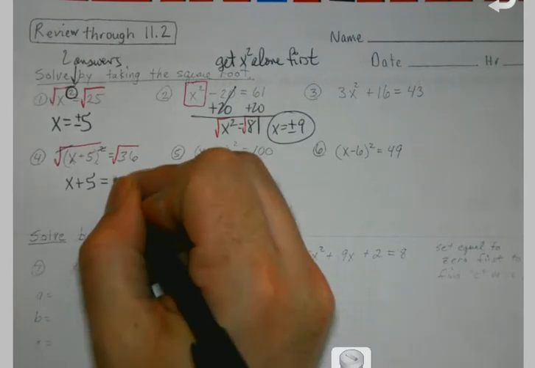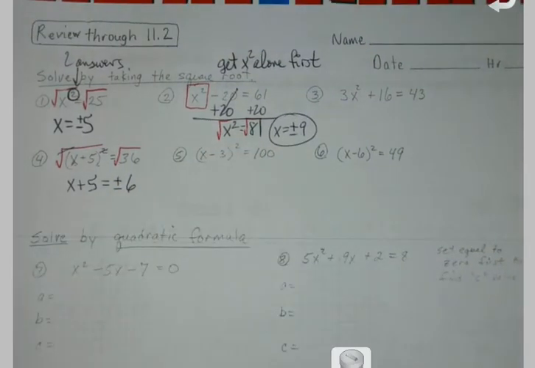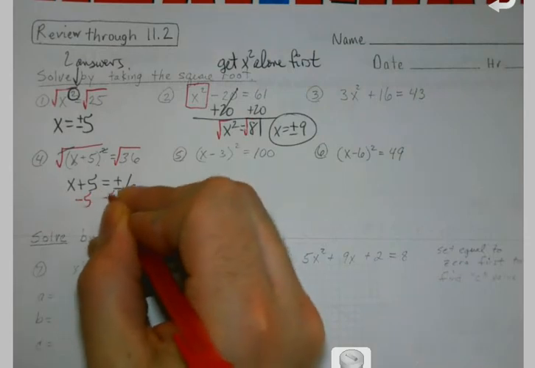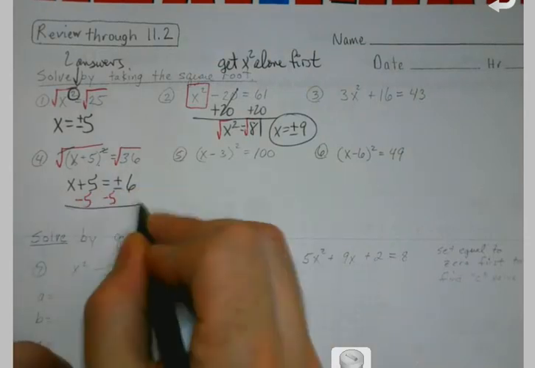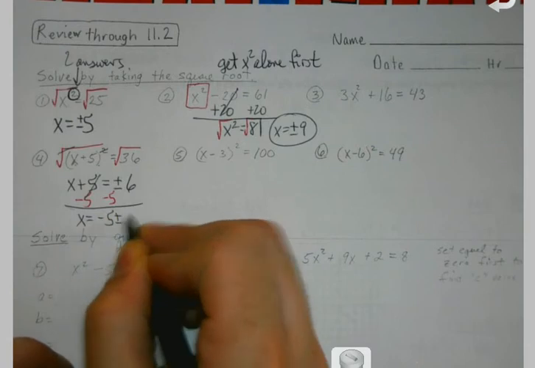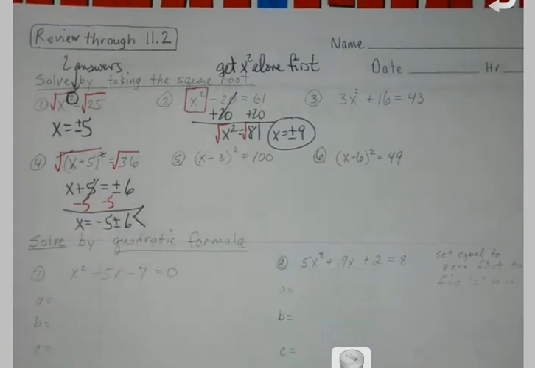6. So I'm still going to do my plus minus just like I did up here when I did the square root, except now there's one step left to go. And that's going to be to do my minus 5, and what that's going to allow me to do is split this into two answers, because I've got to find them both.